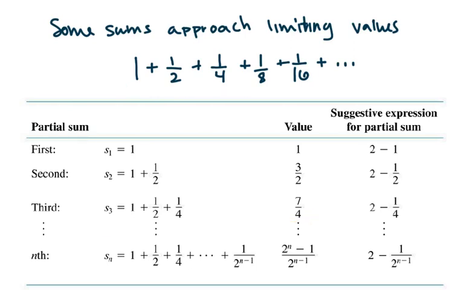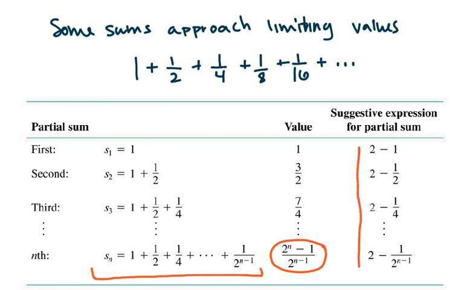Okay, so we start to look for patterns. And as we look at adding up to the nth term, we can create a value which looks like this: 2 to the n minus 1 over 2 to the n minus 1. So, breaking down this pattern, we can come up with a suggestive, not entirely correct, expression that represents a partial sum.